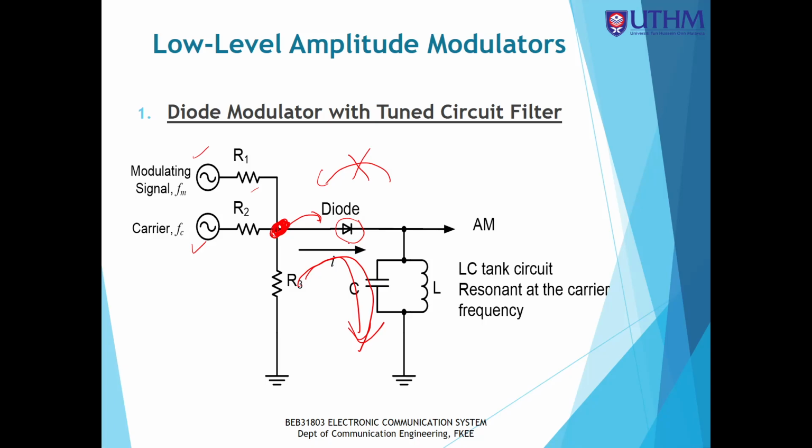And during the reverse bias, the diode will be an open circuit, switched off, and this LC tank circuit will discharge. The LC tank circuit will discharge during the negative cycle of the signal, or during the reverse bias.